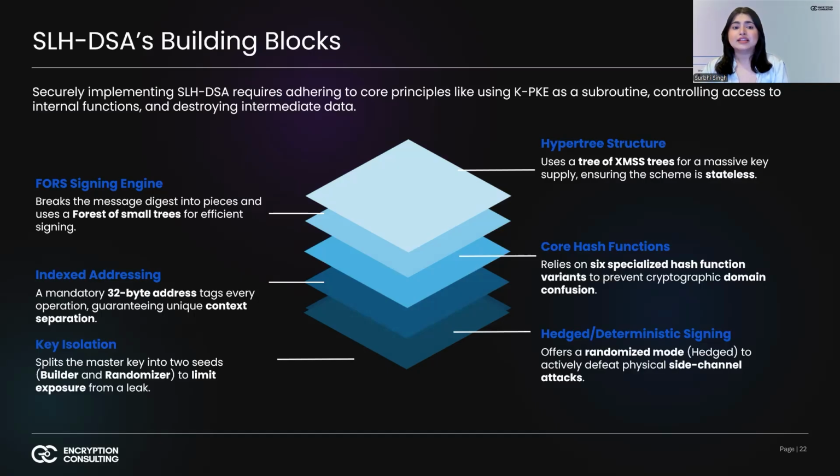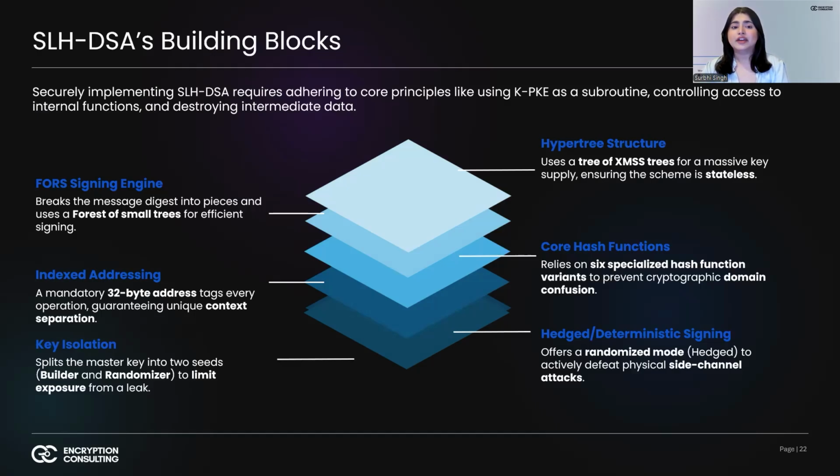This randomizer is mixed with the message digest input. Since R is new every time, the internal execution path and resulting message hash are constantly randomized, making it extremely difficult for an attacker to extract secrets by analyzing physical properties like power consumption.